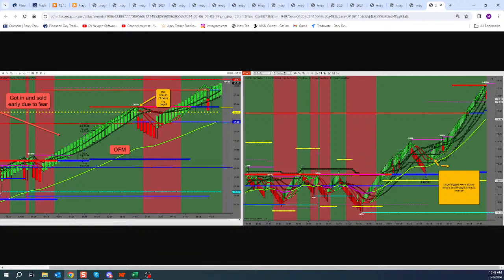Ace J, this is solid, brother. Everything is up. The path is clear. 79.20. I'm trying to line it up. This chart says you got in at support down here. This chart says you got in up here in the middle of the move. Which is right, Ace?